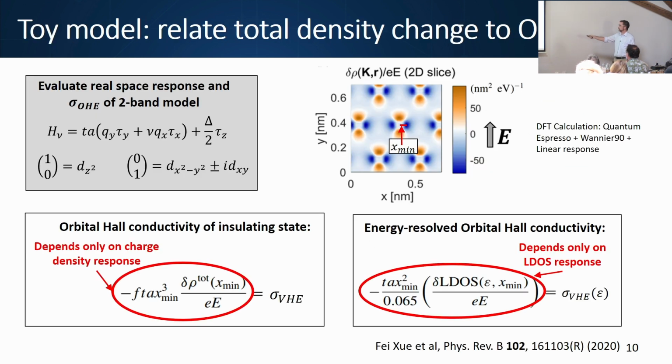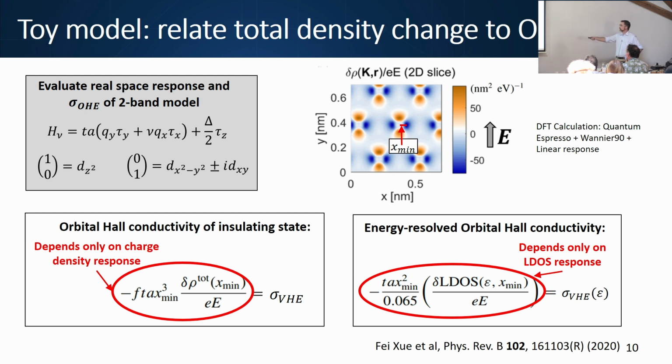We can also calculate this change in velocity per electric field with DFT. This is using Quantum ESPRESSO and Wannier90, getting out the real space orbitals from Wannier90 and doing linear response to see the change of the total charge density when I apply an electric field. And it looks like the cartoon I showed you before. We can make some more specific relationships if we consider a two-band model of this TMD.